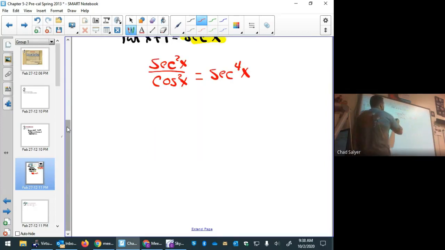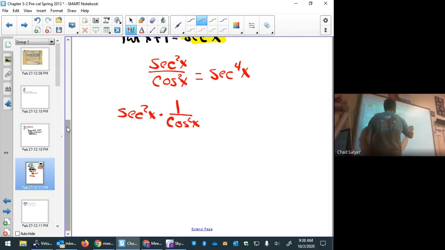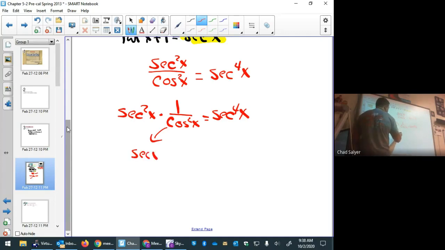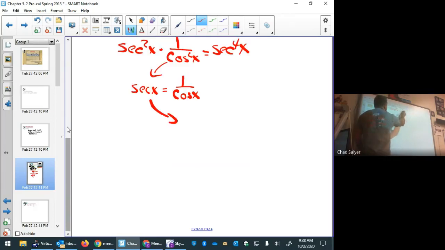So, and I see how to do that right away because one over cosine is secant. So secant x equals 1 over cosine x. So I can rewrite this second factor on the left as secant squared x.